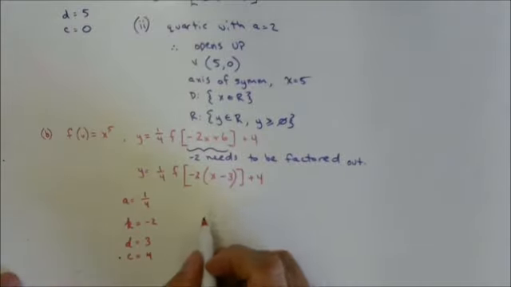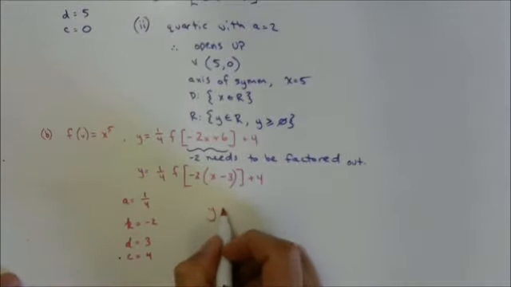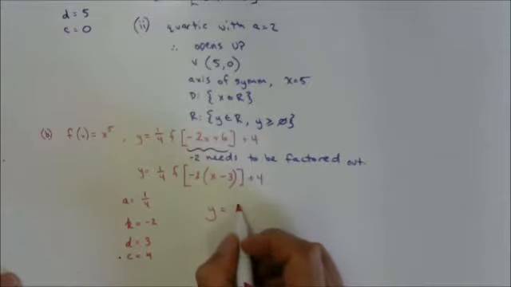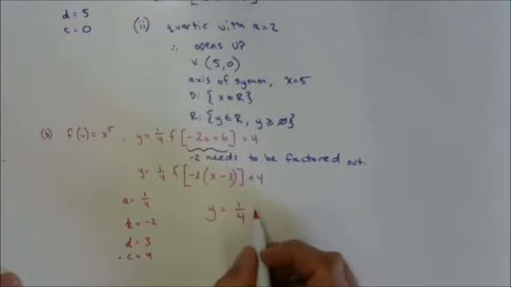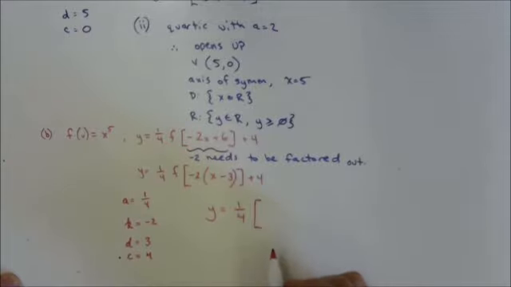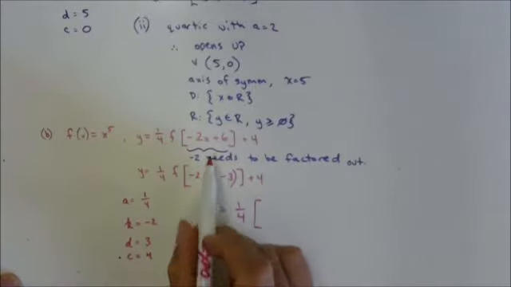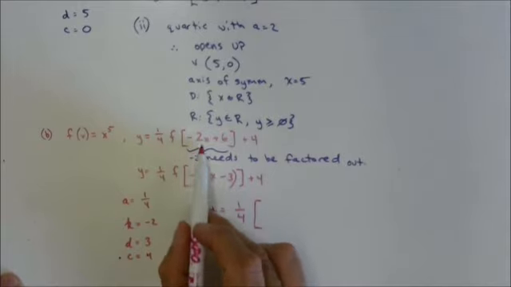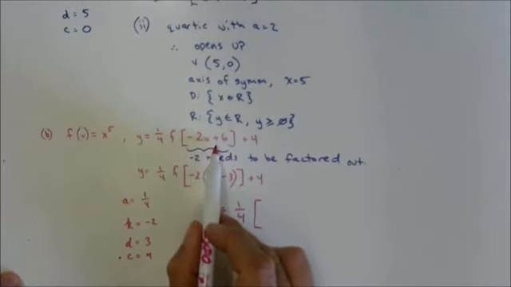So let's write our new function. We've got y equals 1/4. No, D is negative 3, because when you factor negative 2 out of x, you take negative 2 out of 6, so you get negative 3.